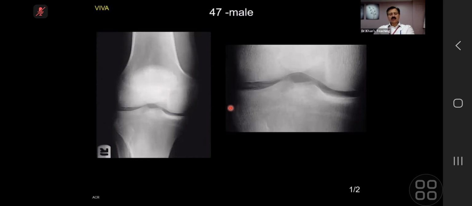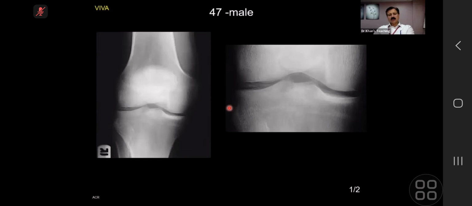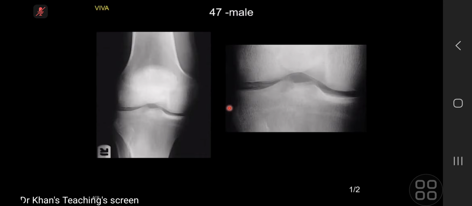Spot diagnosis, what is it? Ochronosis. Intervertebral disc calcification, which has a differential. Intervertebral disc, or you mean to say the cartilage? Cartilage, yeah. So the ossification is at the place of intervertebral disc, but basically it is the hyaline cartilage.